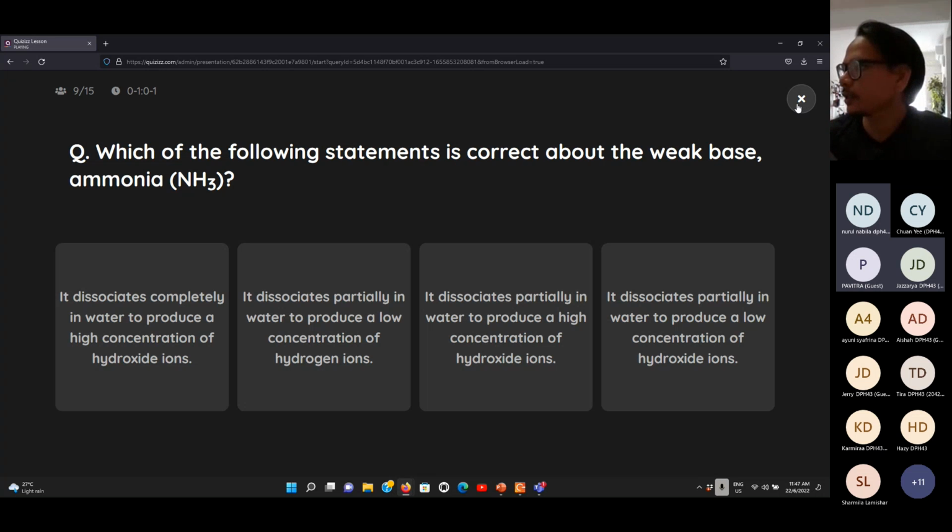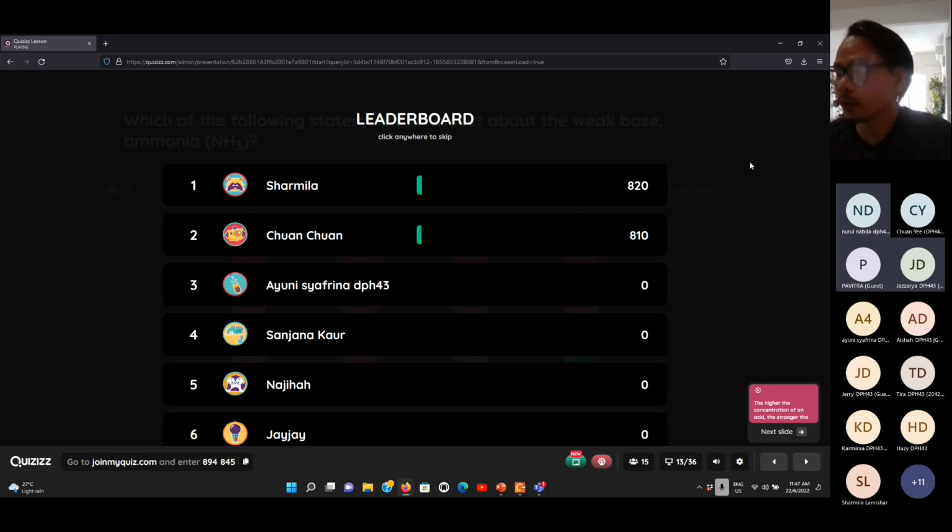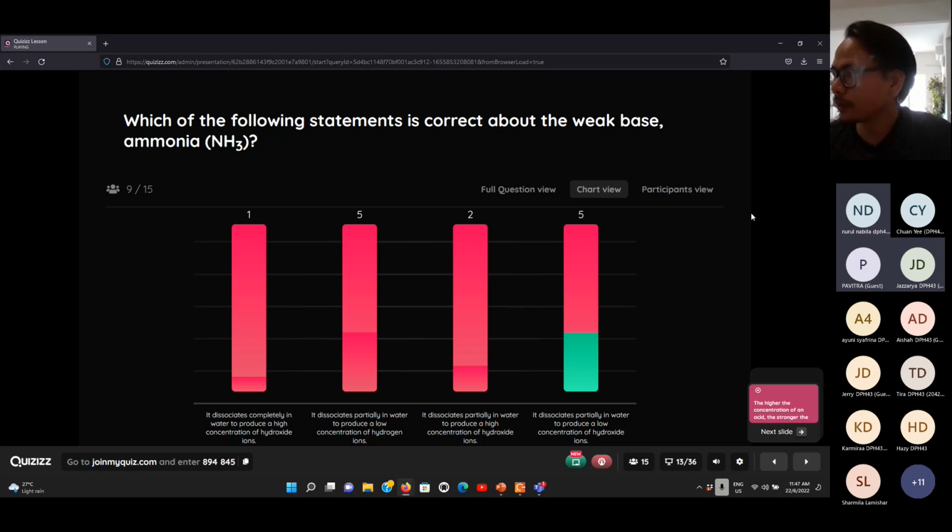Okay, so it says here, ammonia is a weak base. So the answer is it dissociates partially in water to produce a low concentration of hydroxide ion. Okay, so only like 5% got it right. That means you don't know what to do with this question. The rest, these 8 people.